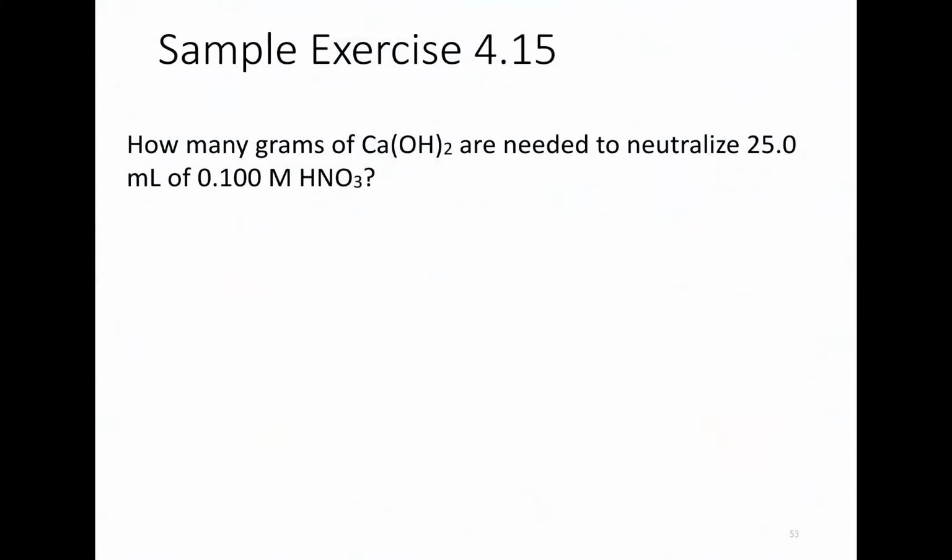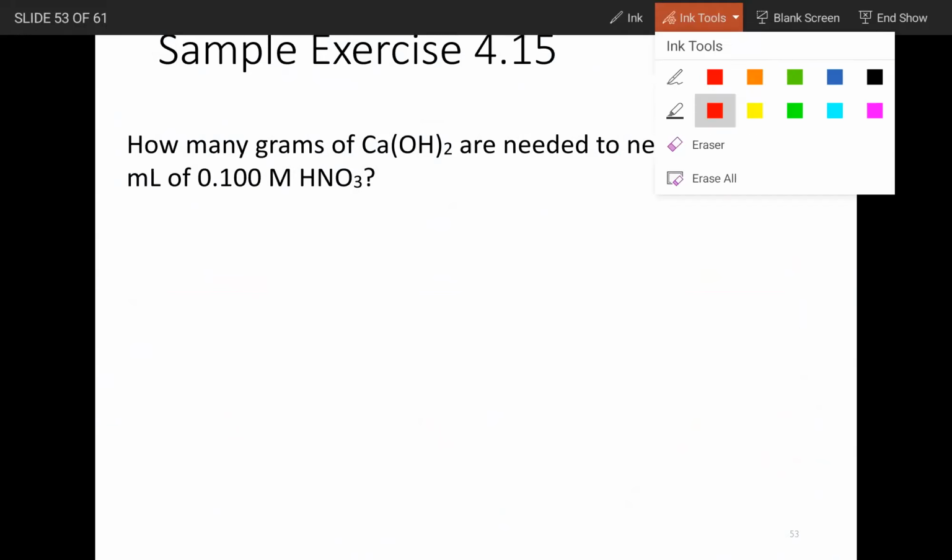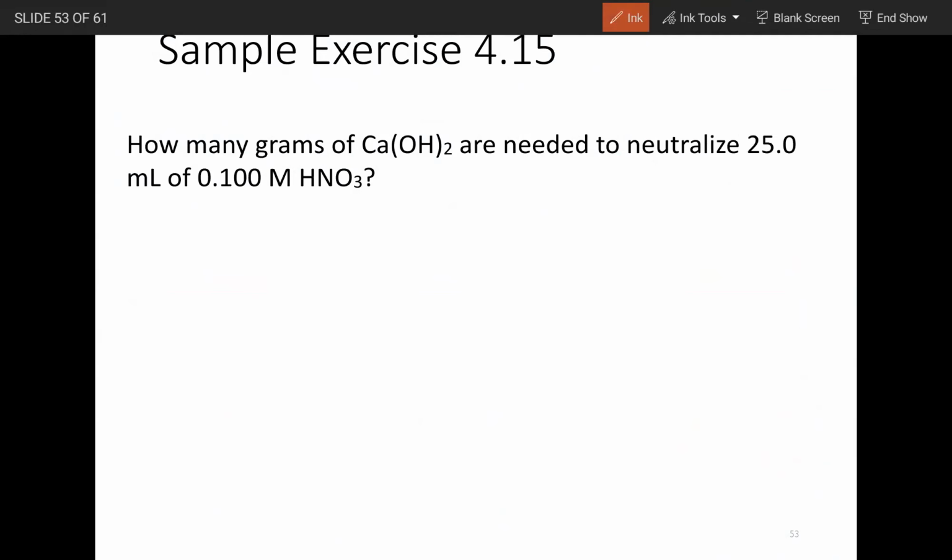And if we look at the question here, we're going to actually need to get the reaction for this one. So how many grams of calcium hydroxide are needed to neutralize 25 milliliters of nitric acid? And remember, with acid-base reactions, these neutralization reactions, we're always going to produce water and then some salt. So in this case, we'll have H2O.